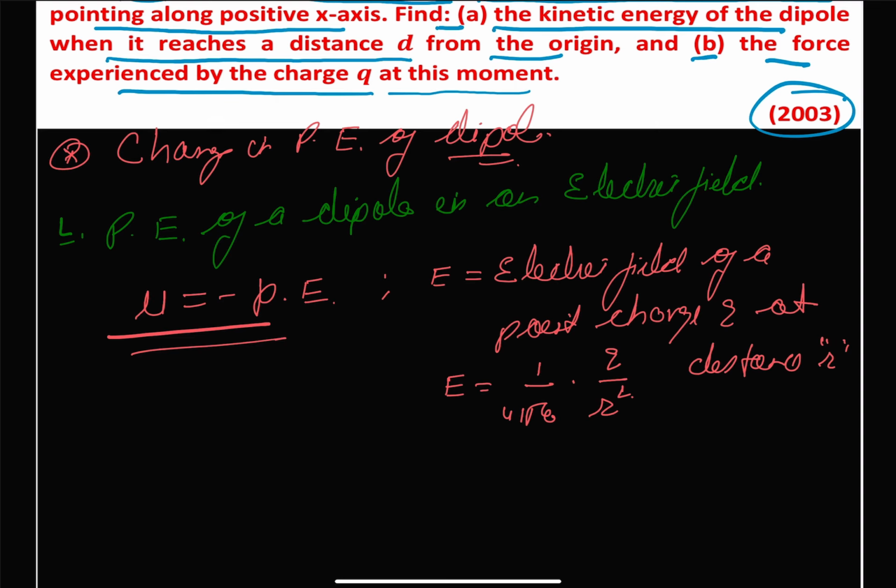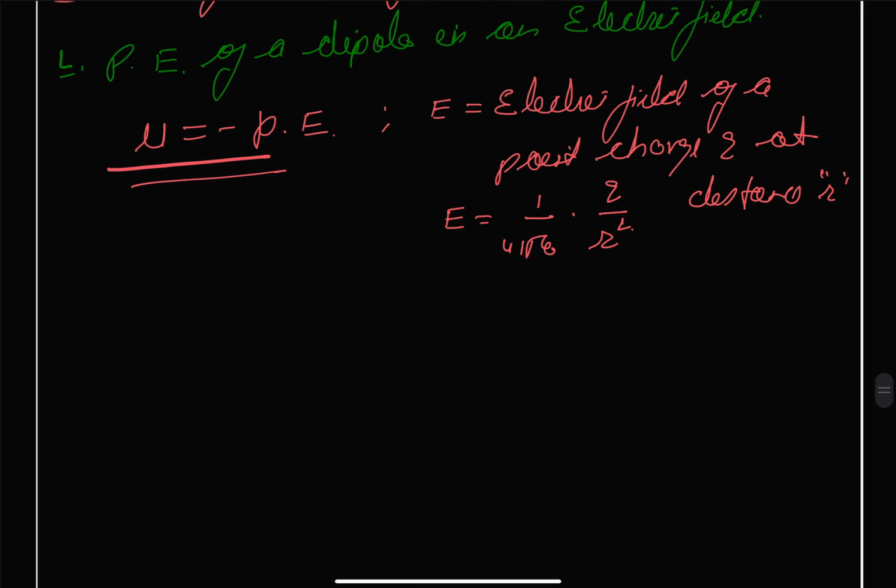Therefore we can say that our U final will be equal to minus p, and this comes as 1 upon 4 pi epsilon naught q upon d square, because now the dipole is at a distance of d, so we replace our r by d.